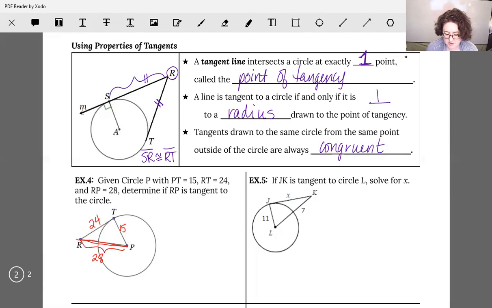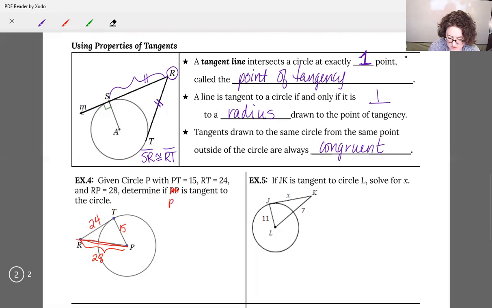Well, RP is not tangent, obviously. What was supposed to be in your notes will already be fixed in your version. So let me go ahead and edit that out. Oops. We should be looking at whether or not RT is tangent, and that's what you're going to have in your printable copy.